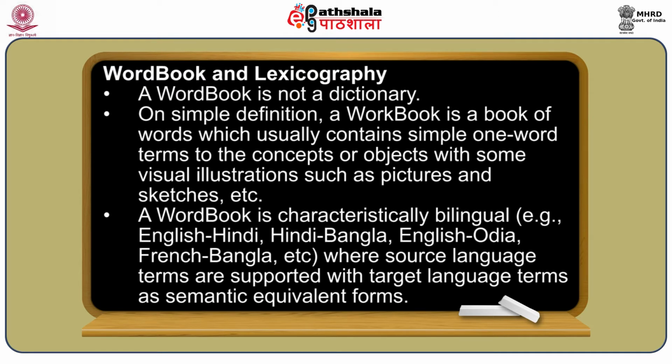A word book is characteristically bilingual, that is Hindi-English, Hindi-Bangla, English-Odia, French-Bangla, something like that, where source language terms are supported with target language terms as semantic equivalent forms.